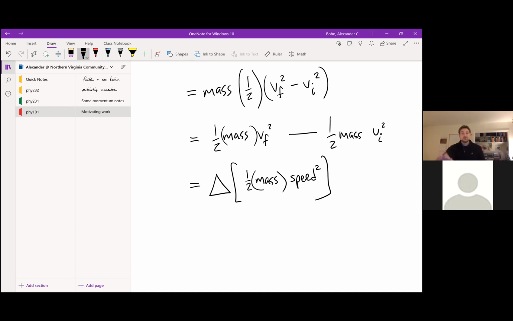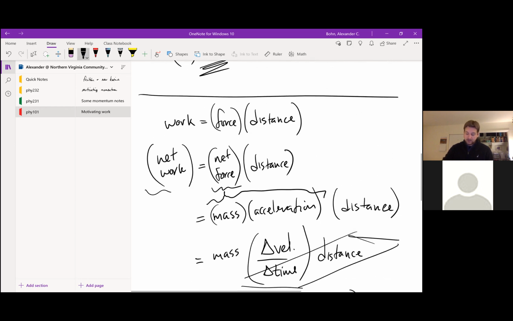One half times the mass times the square speed. We evaluate at the end, subtract what we get when we evaluate at the beginning, and that's the total change in that thing. And that is apparently all related for some reason.